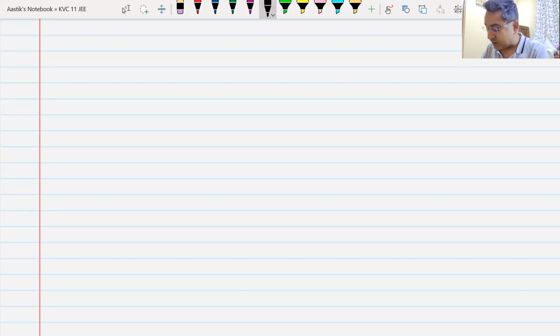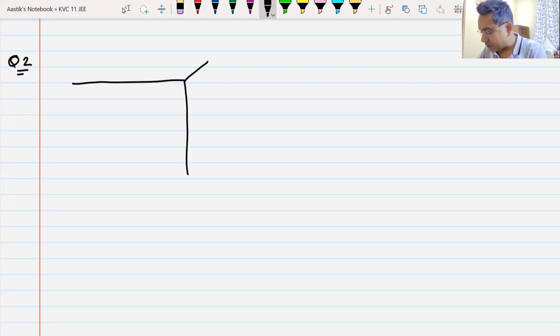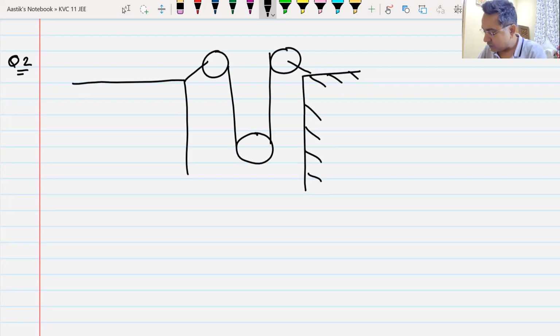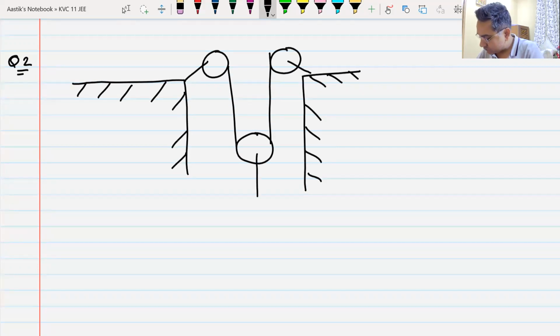Yes, sir. Constraint relation of this. Now remember, whenever you are doing any problem on the constraint relation, what is very important for you to understand is that whatever you have assumed, in that direction only you get the constraint relation. I will explain what I am saying, because sometimes seeing is believing.